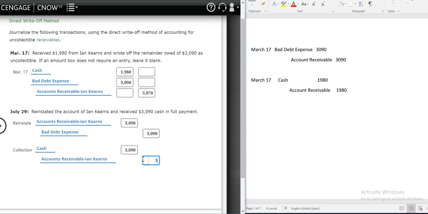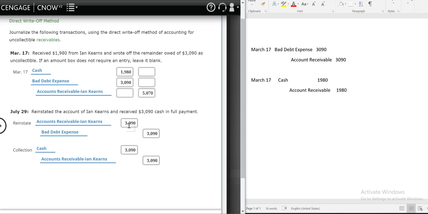Now if we look at the general ledger, the accounts receivable at the end of all those transactions for Ian is 0. Ian got a debit when we earned the revenue on account. Then Ian's accounts receivable got a credit when we wrote off the account.